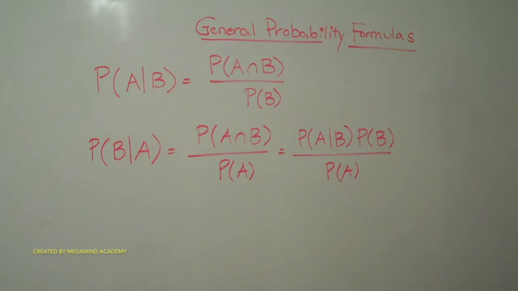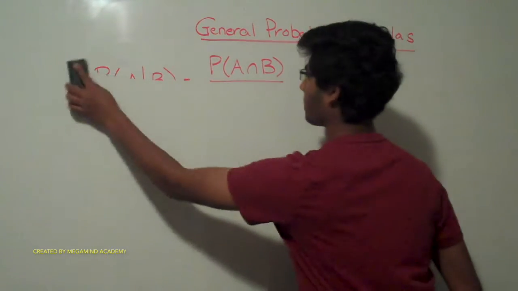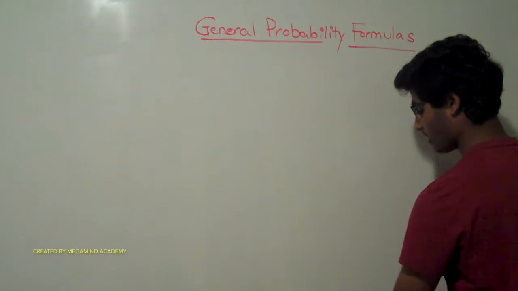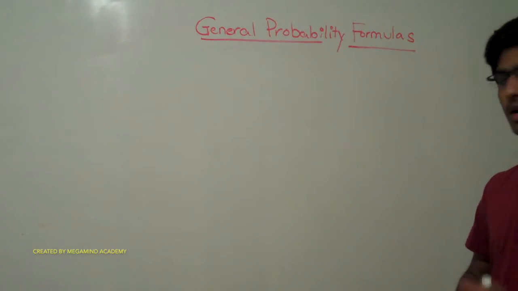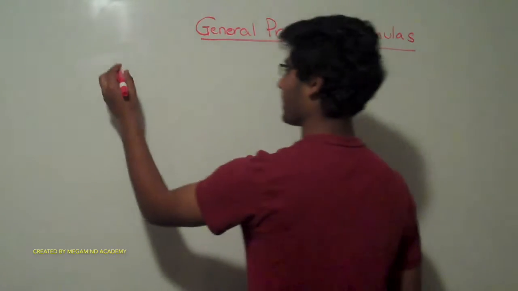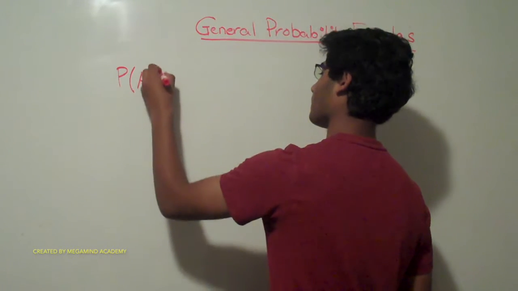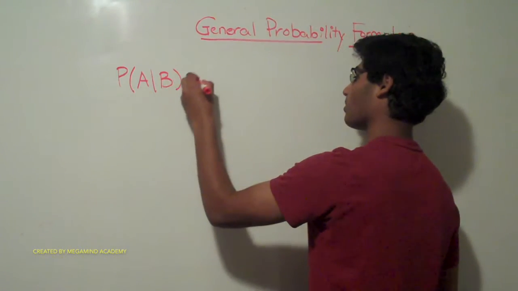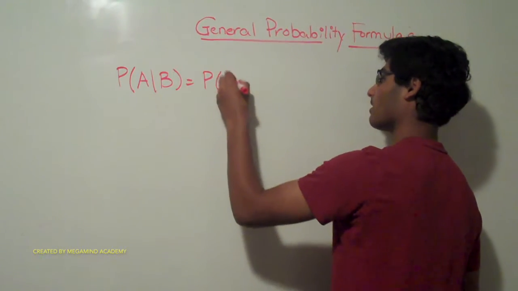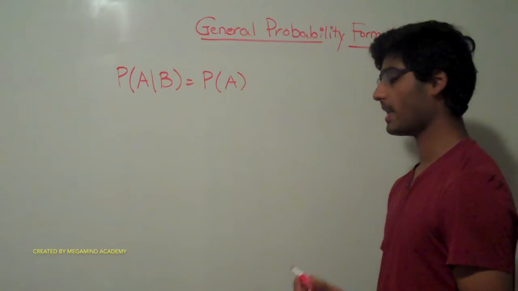Now let's move on. There are more formulas. There are two formulas that we use to see if events are independent or not. The first formula is the probability of A given B is equal to the probability of A. If this is true, then the events A and B are independent.